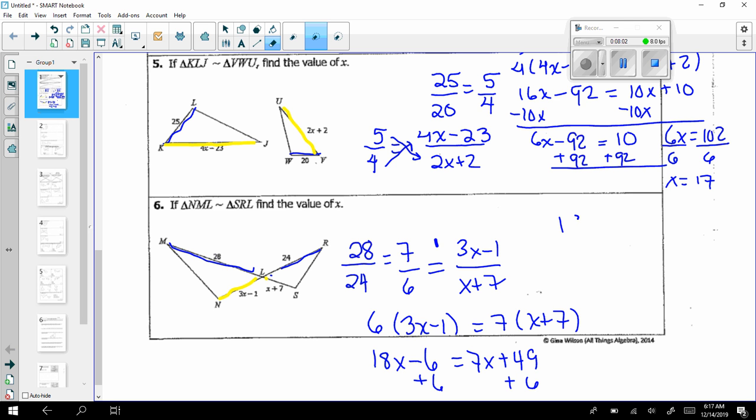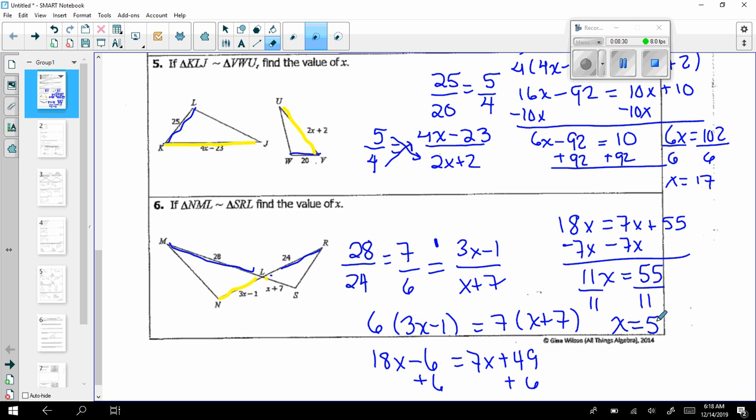So I have 18x equals 7x plus 55. And then I go ahead and I subtract this 7x. And I have 11x equals 55. Divide by 11. So x is equal to 5. So far, so good. Okay.